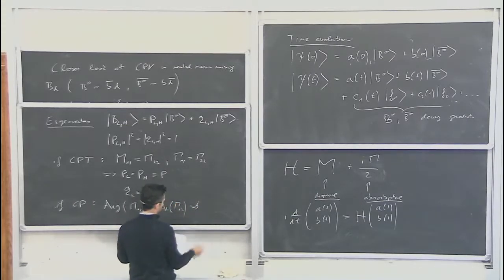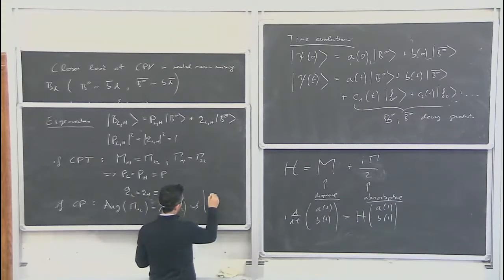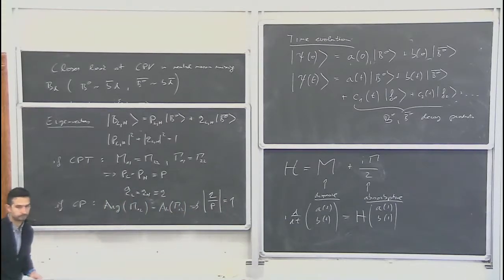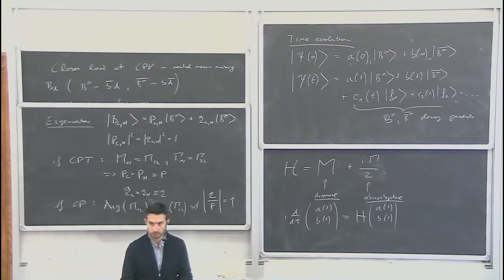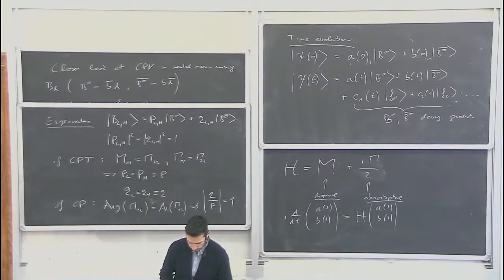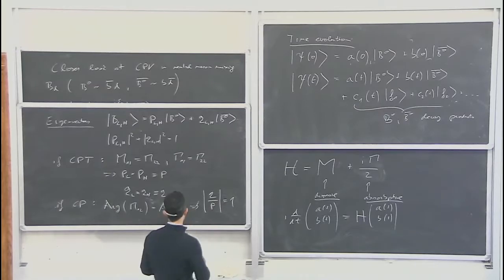And this leads to the constraint that the absolute value of q over p has to be equal to 1. And again, this is only true in the limit of CP conservation.